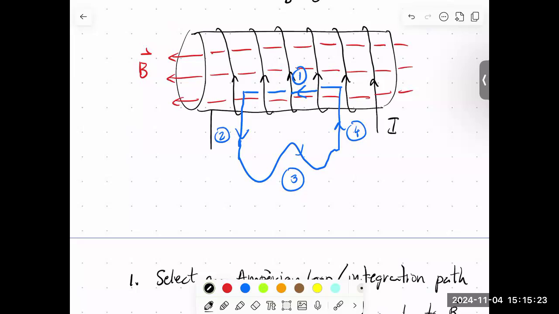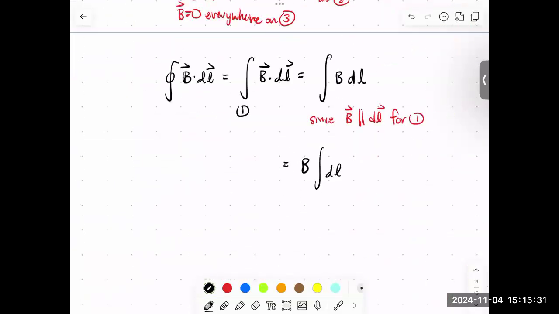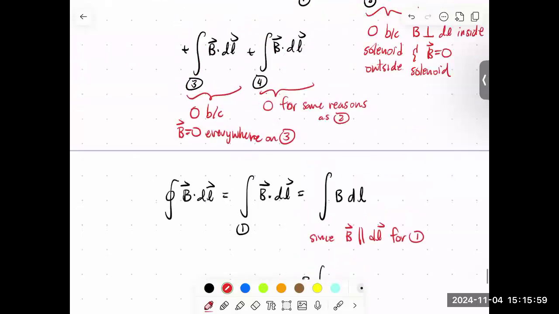And so there's no reason to think that B will change along path 1. Okay, so this is, since path 1 is at the same position inside the solenoid, and what I really mean by that is, say, the same distance from the solenoid axis, if you like.